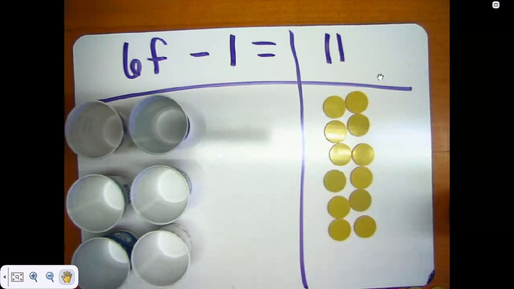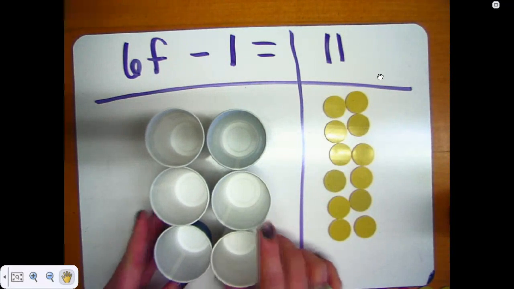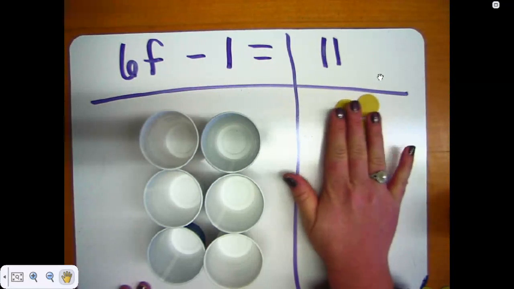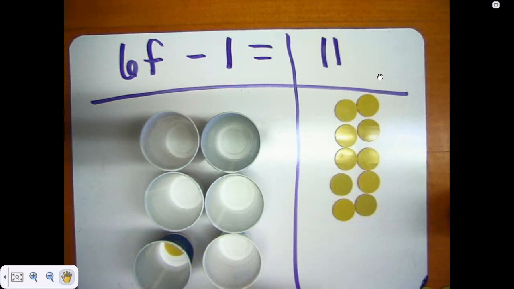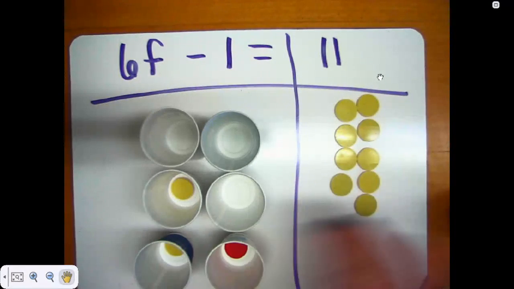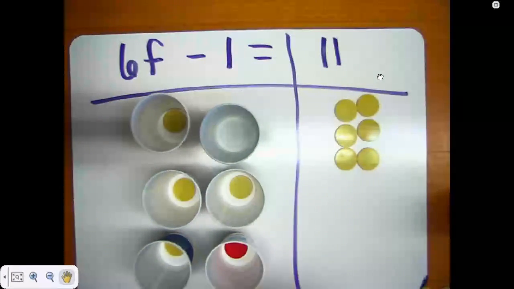I have this zero pair here, so I'm going to remove it. And now I am left with only variables on this side and only positive chips on this side. So now I can distribute them into the cups evenly, one at a time. I'm making note that they are yellow, so that means that I will have a positive answer.